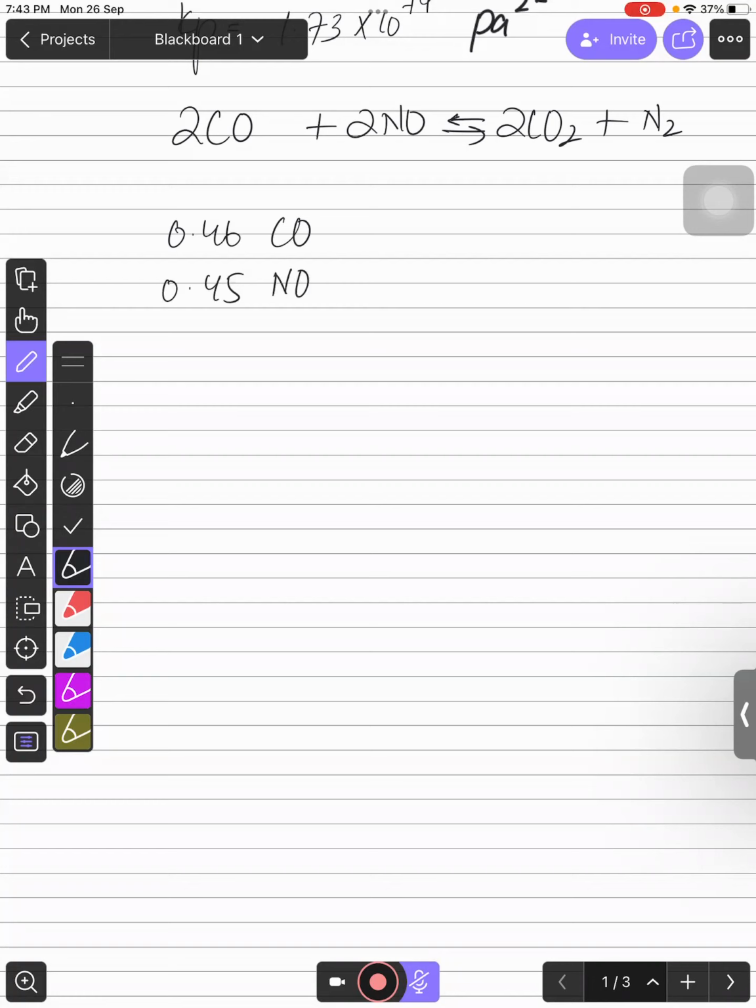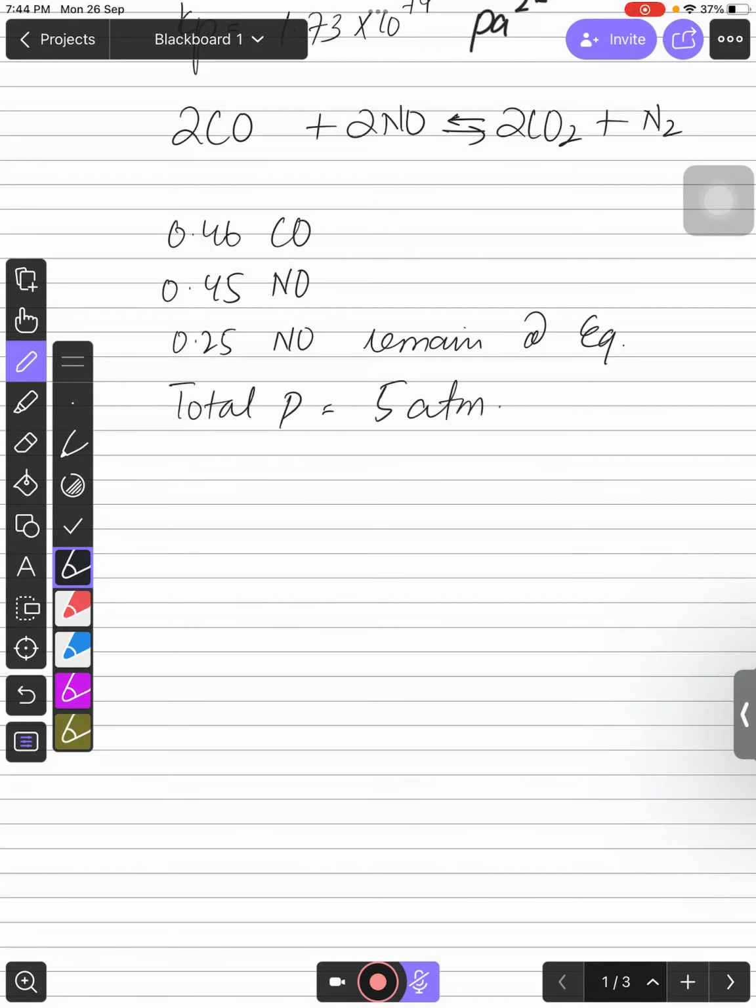And they are saying when the mixture is left to reach equilibrium at constant temperature, 0.25 moles of nitrogen monoxide remain, and this is at equilibrium. And the total pressure they gave us is 5 atm.